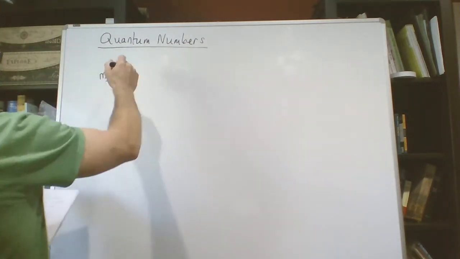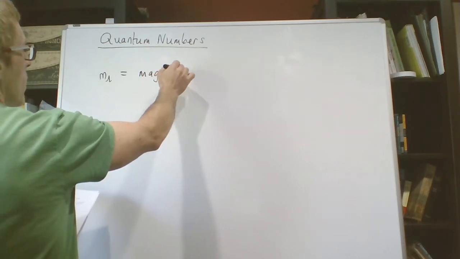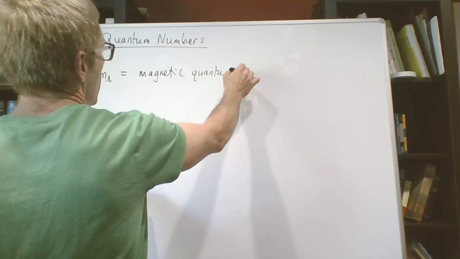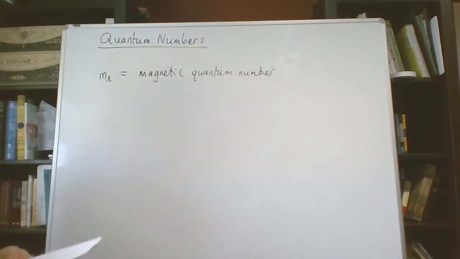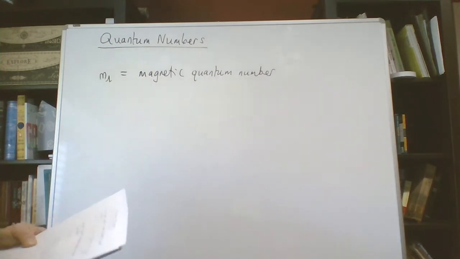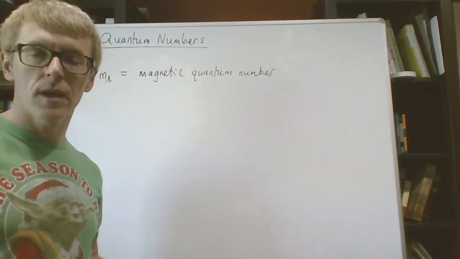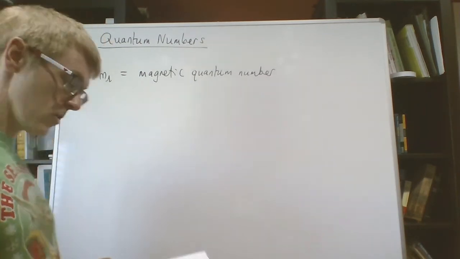This is called the magnetic quantum number. And as you might expect, it tells you if something is magnetic or not. We won't look at that in general chemistry, but that's what you could use to look at in a subsequent course.